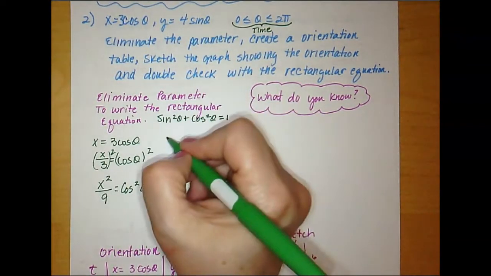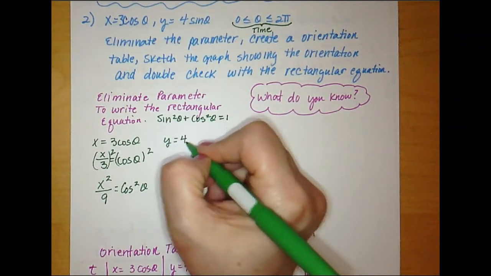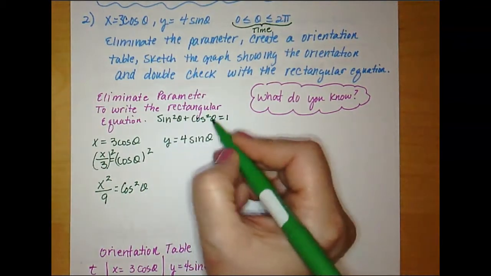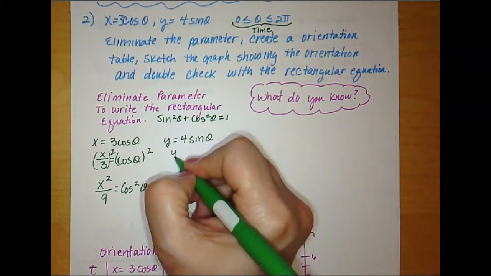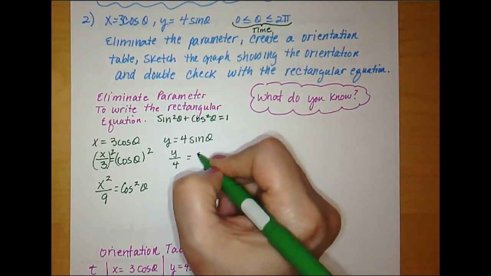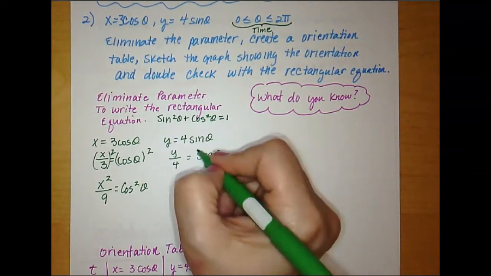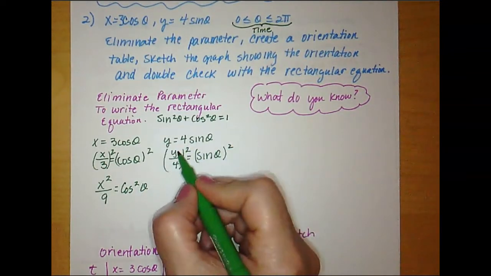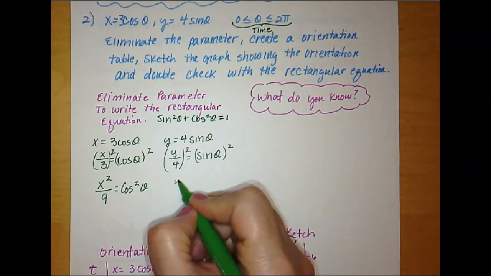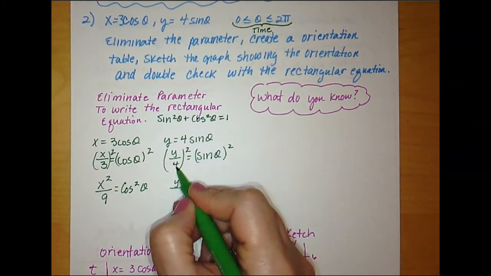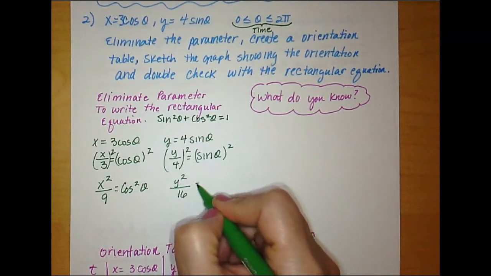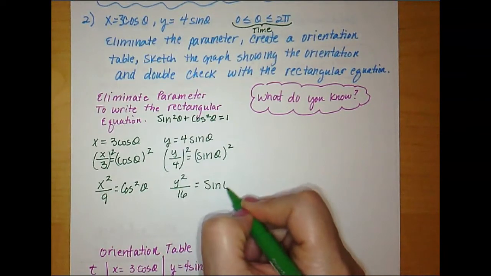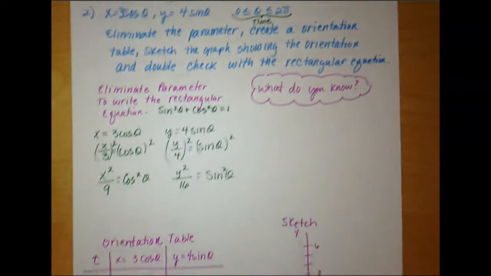So now we're going to do that again with our y equation. Isolate sine, so I'm going to get y divided by 4 equals sine theta, and then I'm going to square both sides so I can use my identity, and then I have y times y, which is y squared, over 4 times 4, which is 16, and that equals sine squared theta.